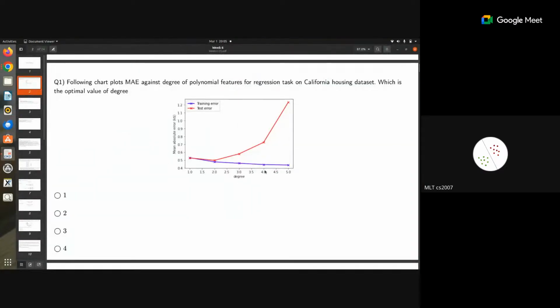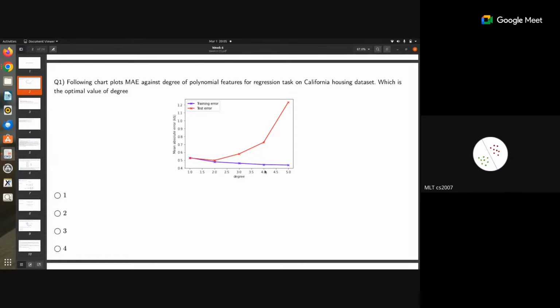So this is the first question. The following chart plots MAE. What is MAE? Mean absolute error, right? Mean absolute error against the degree of polynomial features for a regression task. Which is the optimal value of the degree? So the features have some polynomial relationship, so some degrees are involved.